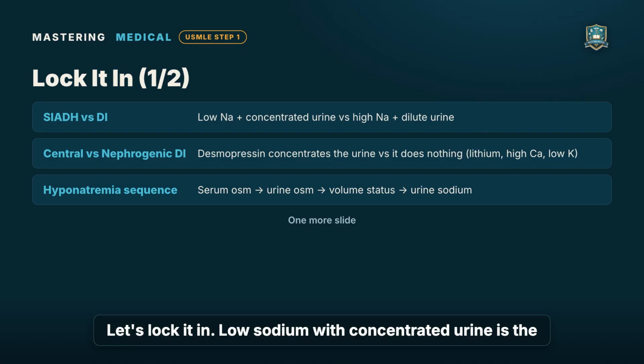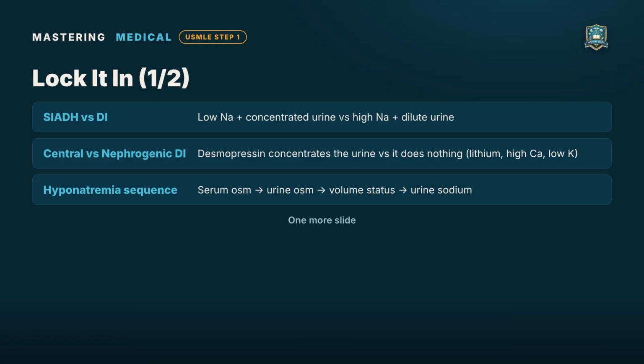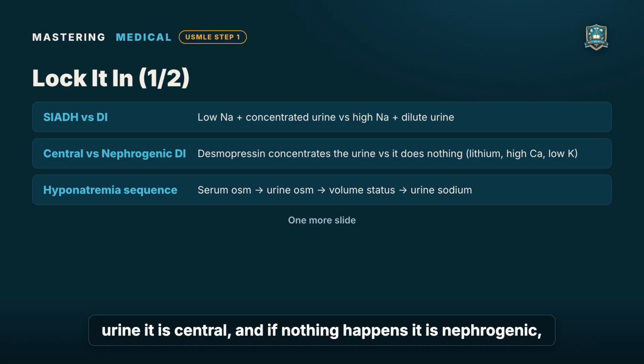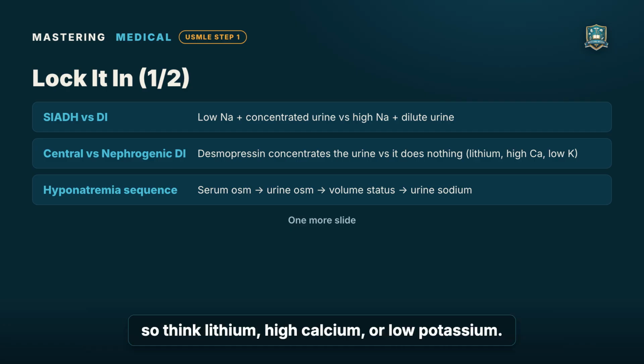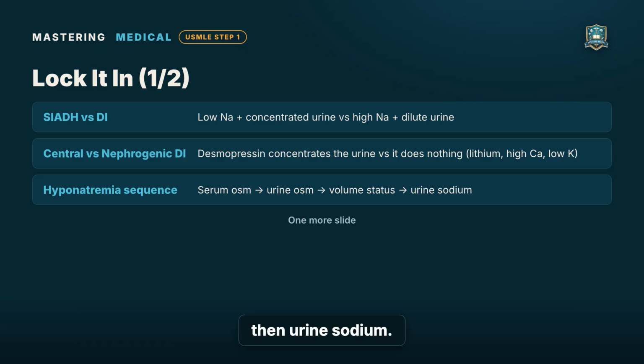Low sodium with concentrated urine is the syndrome of inappropriate antidiuretic hormone, while high sodium with dilute urine is diabetes insipidus. Within diabetes insipidus, if desmopressin concentrates the urine, it is central, and if nothing happens, it is nephrogenic. So think lithium, high calcium, or low potassium. And for any hyponatremia, run the same 4 steps: serum osmolality, then urine osmolality, then volume status, then urine sodium.